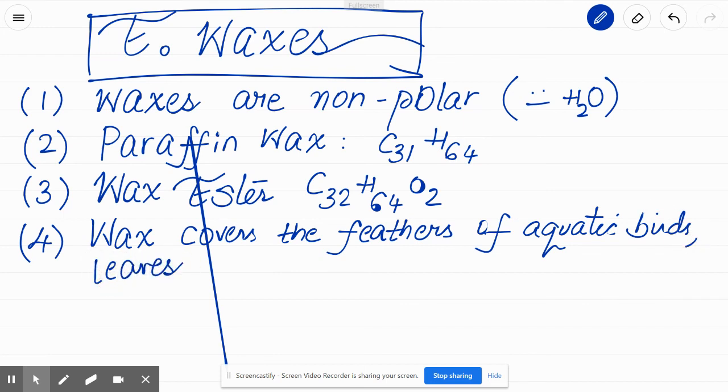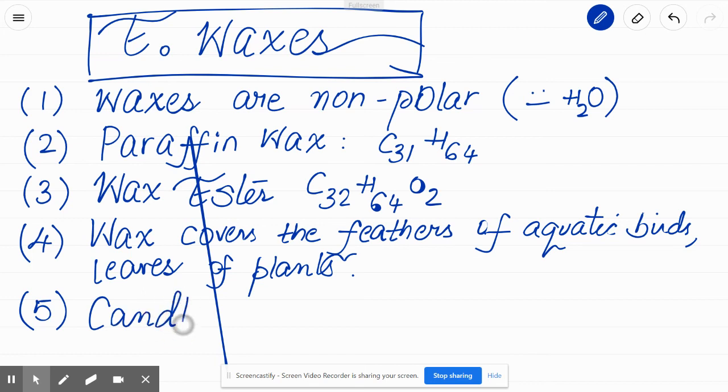So it just helps protect them when they come in regular contact with water. And because of its hydrophobic nature, the water doesn't stick and hence protection happens. The candles found commercially are made of paraffin wax.